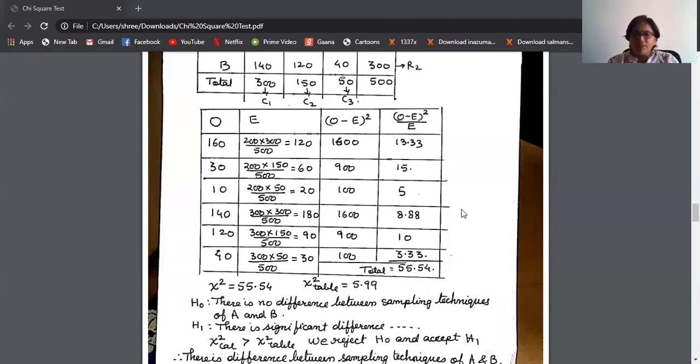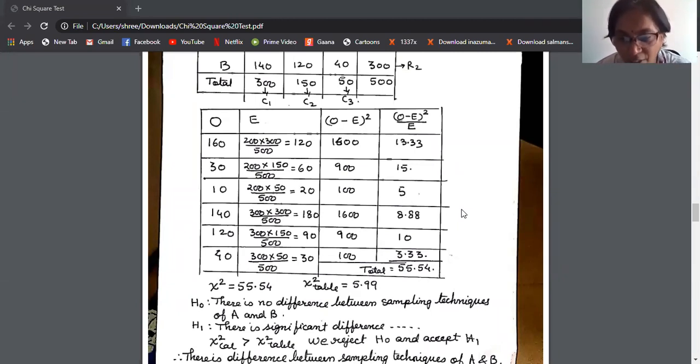Now the table value, or the critical value, given to you is 5.99. Now we have to set up the null hypothesis also, because we have to answer the question, is there any difference between the sampling techniques observed by the investigators A and B? The more digits you take, the slight difference is going to be there.